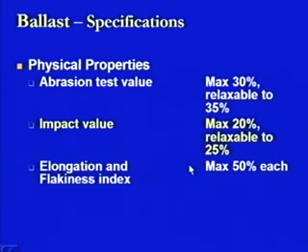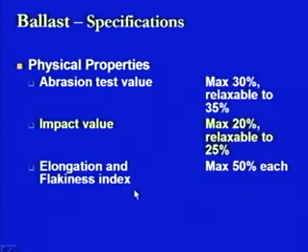Then another property is the elongation and flakiness index. Elongation and flakiness index define the quantity of the material which is quite long as compared to its other dimensions, that is length, width and thickness.